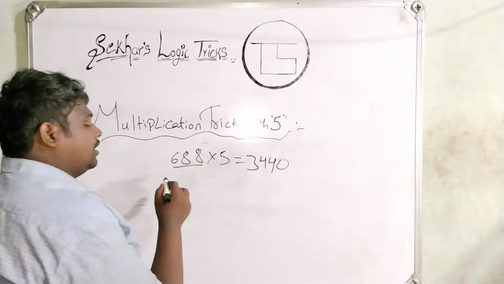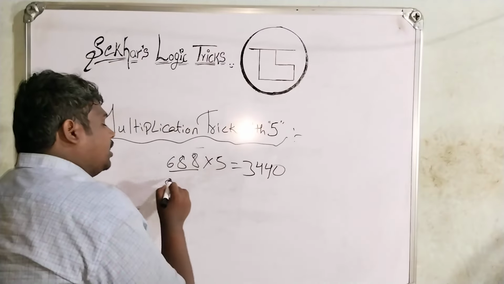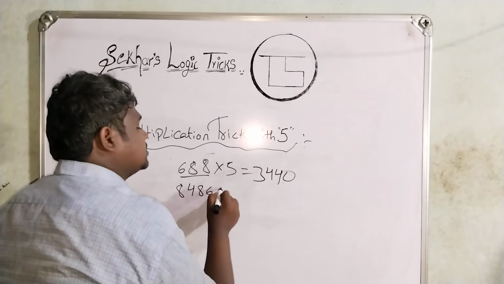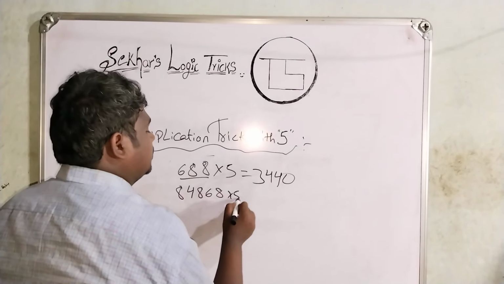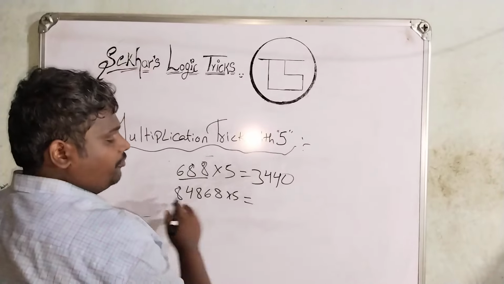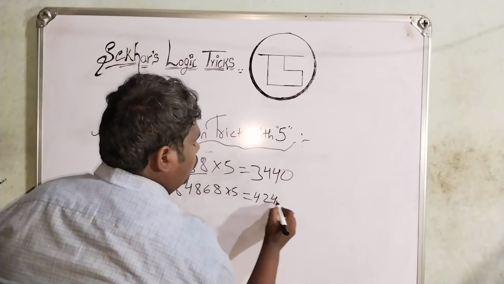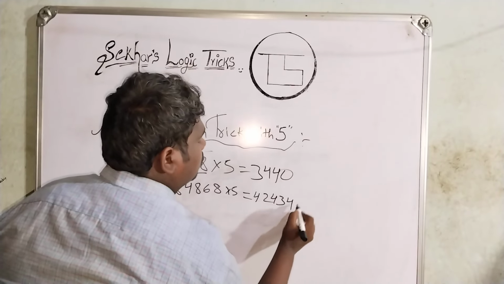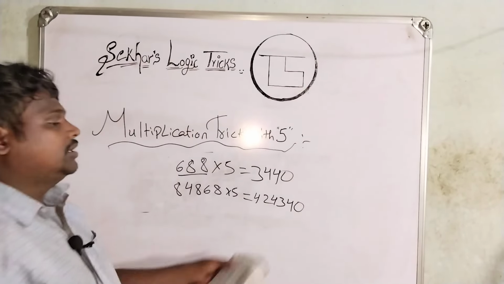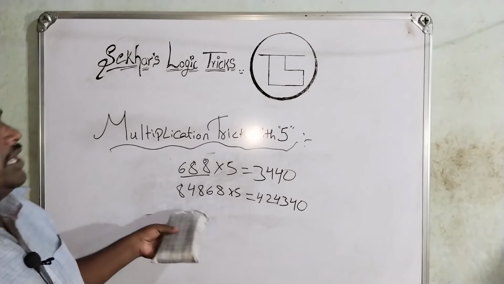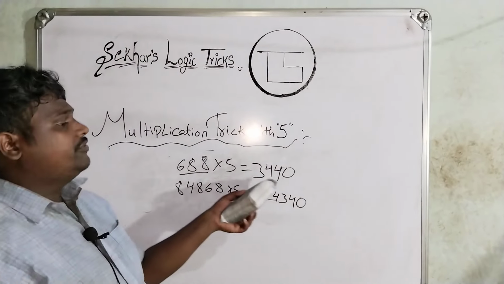Okay, let's take another example. 86,868 into 5 is nothing but half of this number, 43,434, place 0. This is how we are finding any number's multiplication with 5.